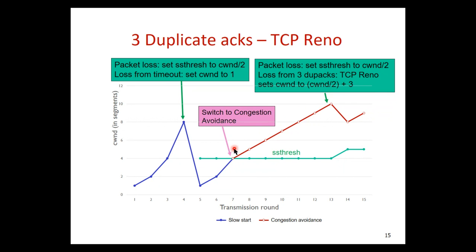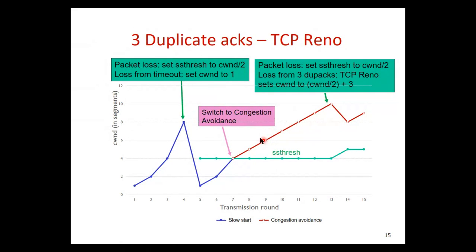The second thing is SS threshold. SS threshold is a different variable than CWND. You can see clearly this is SS threshold. This is CWND. And SS threshold is updated at every packet loss. It doesn't matter what caused the loss, whether it is timeout or three duplicate acks, or whether it is TCP Reno or TCP Tahoe.